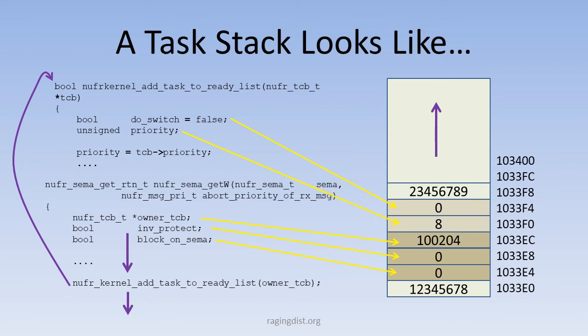But in this case, let's just say that the execution starts by a call to this second function call, the one in the middle here, which is NUFR semma get W. That's going to be called by some other place, which I'm not showing here, but it gets called, and it proceeds to the execution of the thread, proceeds down, and it reaches this NUFR kernel add task to ready list function call.